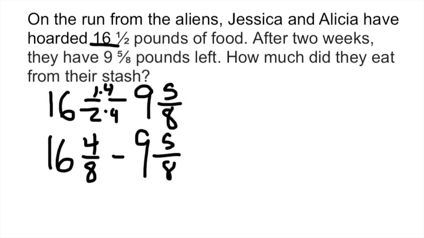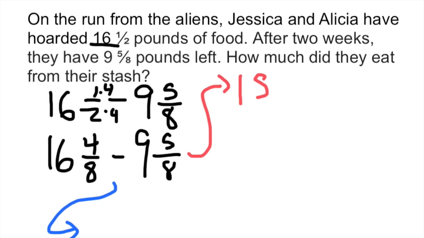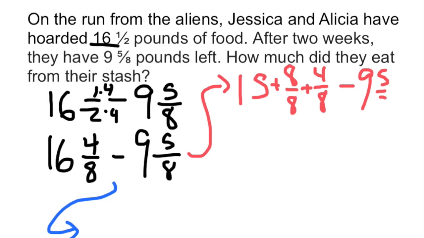We have two options here. We can borrow or we can use improper fractions. If we borrow, we need to take 1 from the 16, so that becomes 15. That 1 becomes an 8 out of 8, plus we still have our 4 out of 8. And we're taking away 9 5/8.